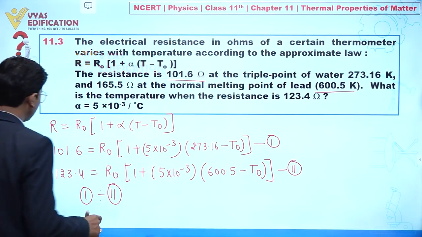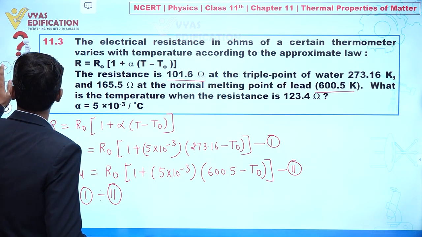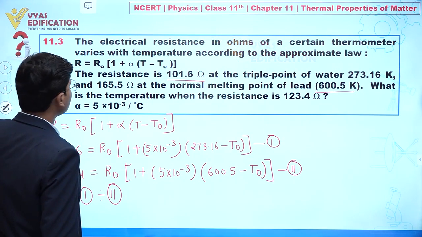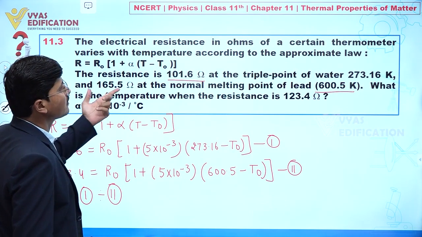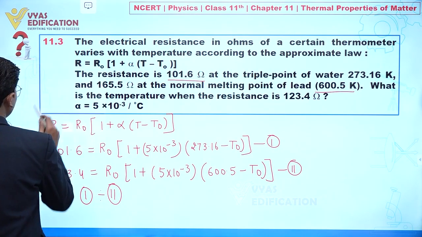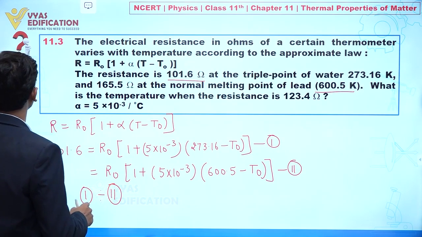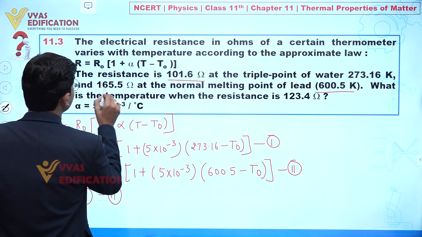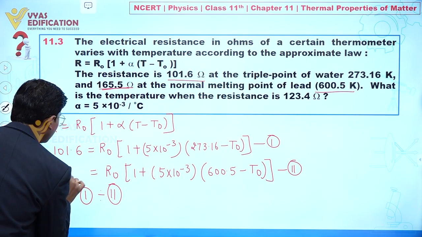So if I divide, I can write 101.6 divided by... Okay, there is a slight mistake here. The resistance value given at this melting point is 165.5. So I am writing here 165.5.